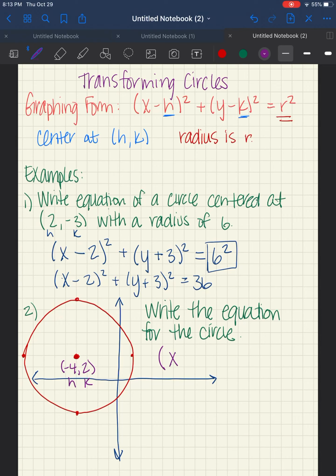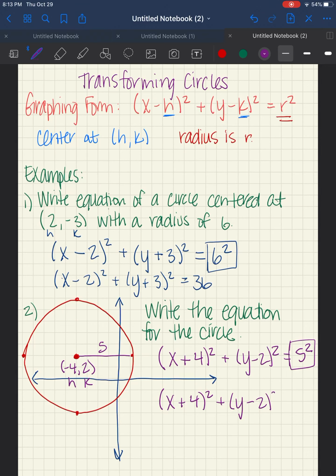So we're going to do x minus a -4 squared plus y minus 2 squared equals, and then you're going to find one of your radii. So 1, 2, 3, 4, 5. So we have equals 5 squared. Okay, again, our final answer is going to be with that number actually squared. So we have x plus 4 squared plus y minus 2 squared equals 25.